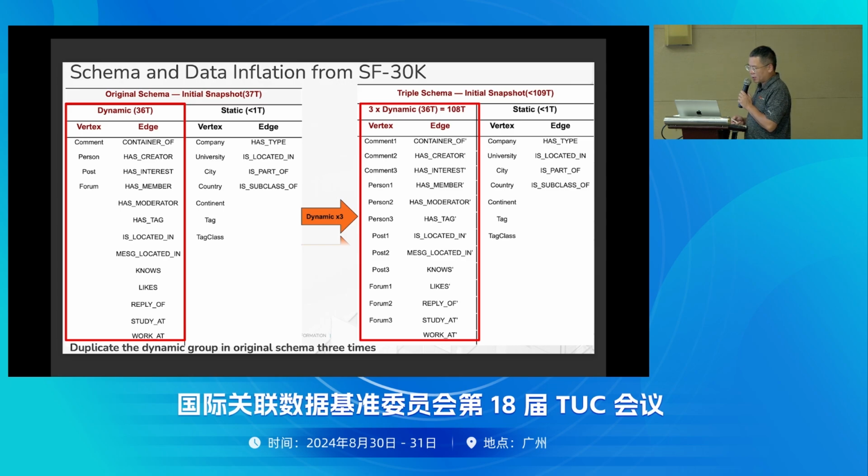For the person vertex type, we created 3 indexed vertex types, person 1 to person 3, and so on. We did the same for post and forum, and also for the edge containers. For the edge containers, we didn't do anything; we actually just duplicated the vertex types of the dynamic vertex part.